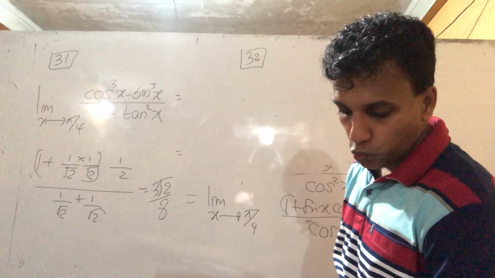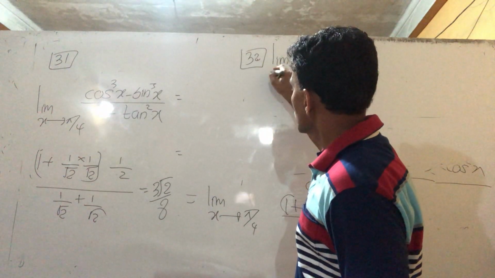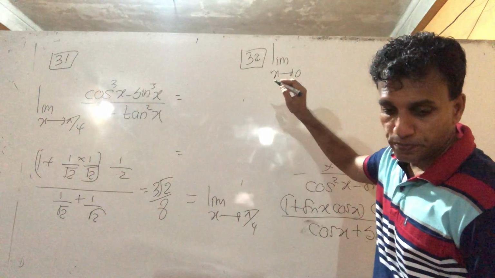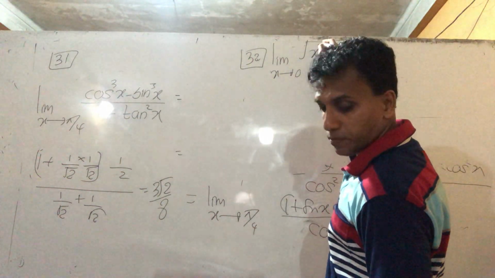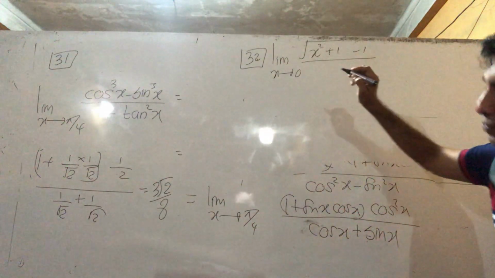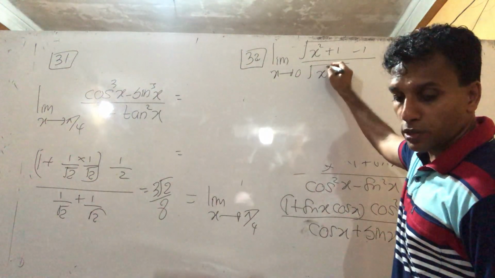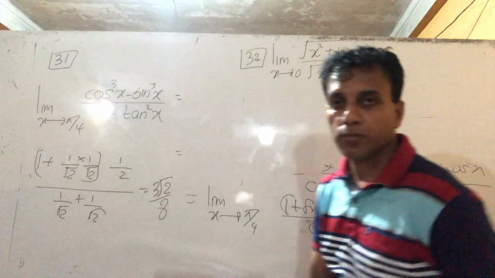Problem 32. Limit x approach to 0, square root of x square plus 1 minus 1 over square root of x square plus 16 minus 4.